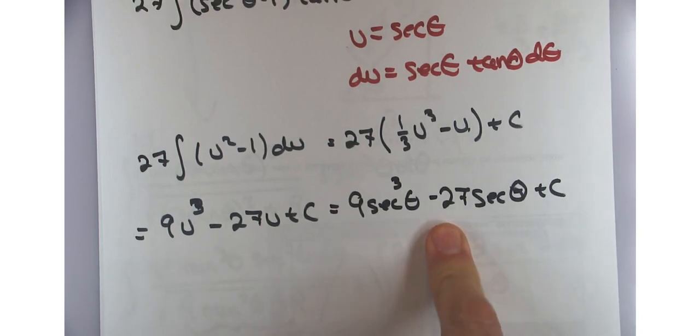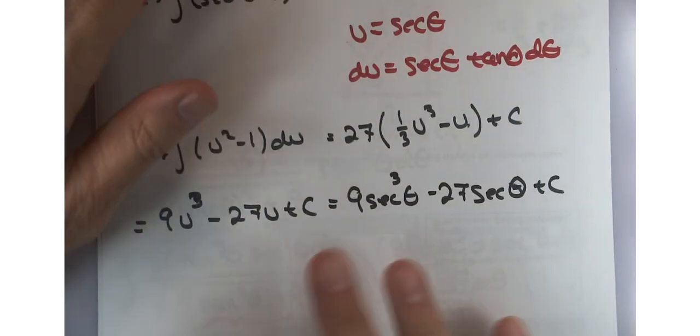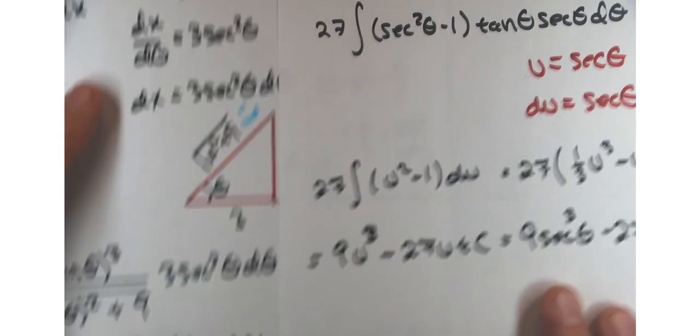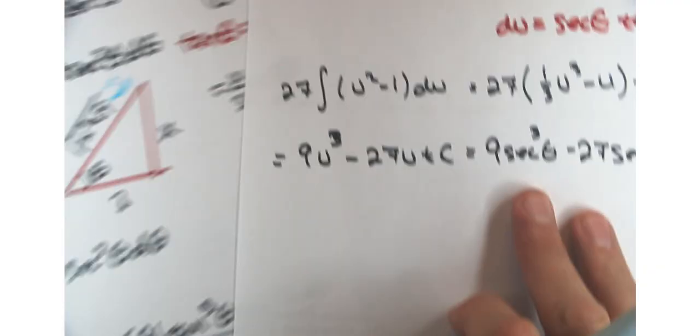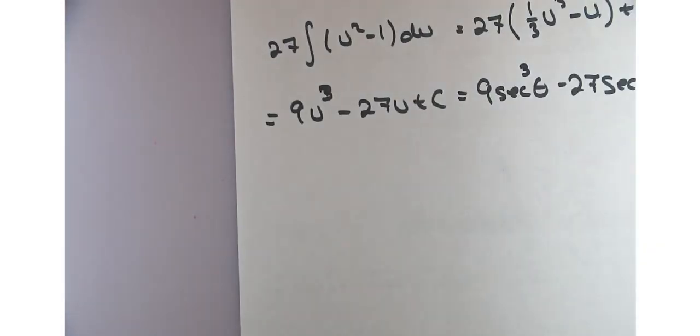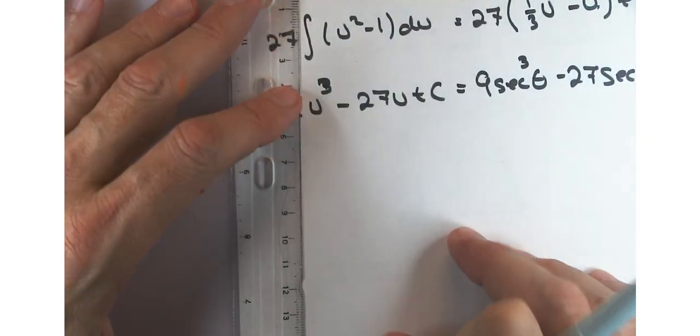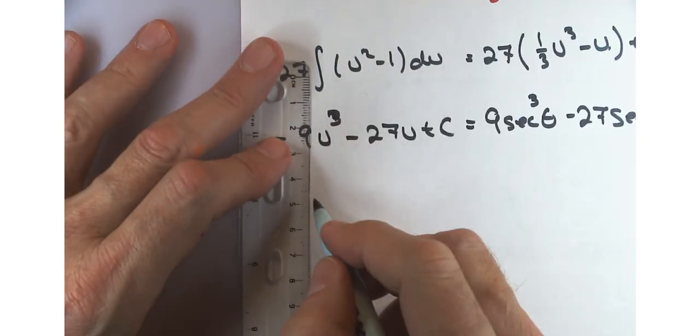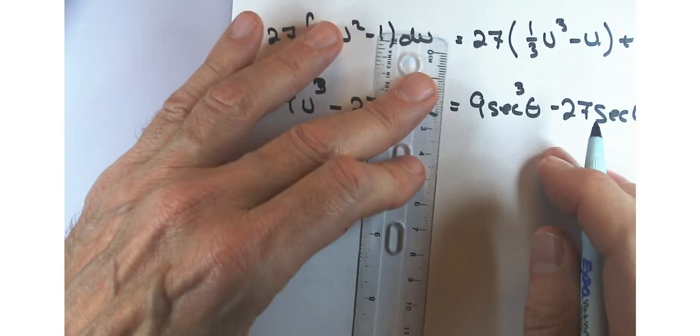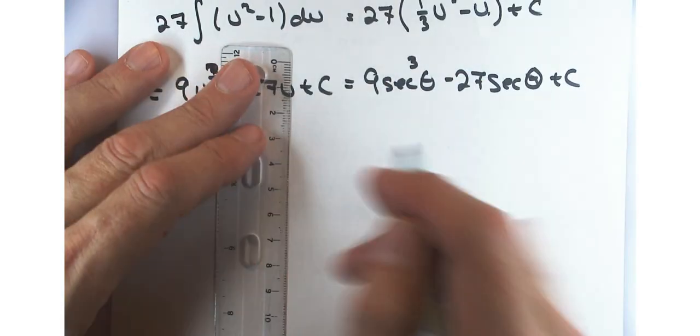We're not finished. What we have to do at this point is look back at our triangle. And let me just copy it over to here, just for convenience's sake, because we're going to want to refer to it. So I'll just do it here.